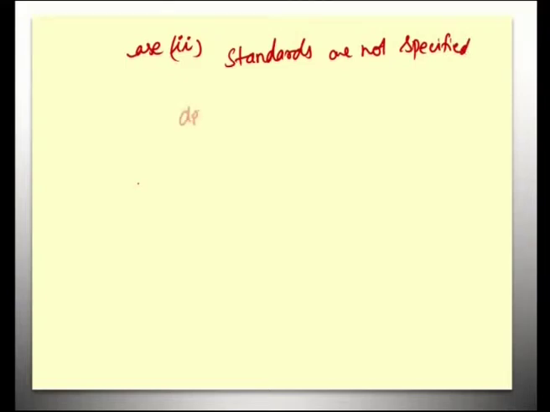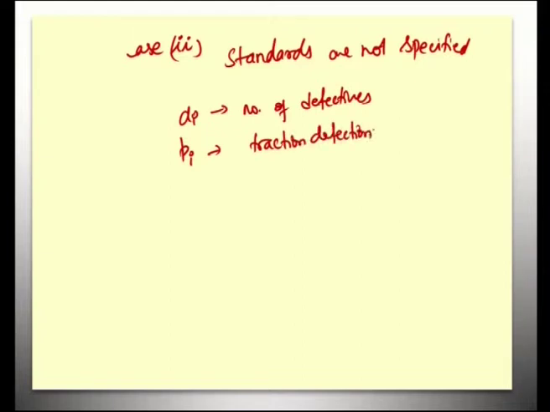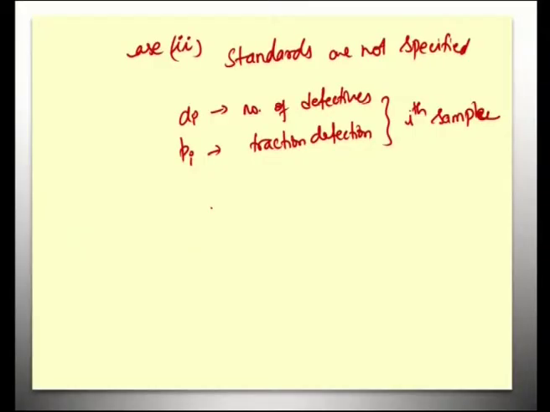Case 2, when the standard values are not specified, that is, the population values are not known, then Di is the number of defectives in the ith sample and Pi is the fraction defective for the ith sample, because there are going to be k samples, i equal to 1, 2, 3 etc. So the proportion of defectives will be summation Di divided by summation Ni, i equal to 1 to k.